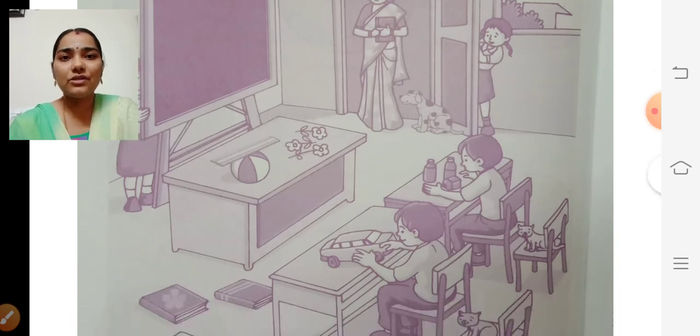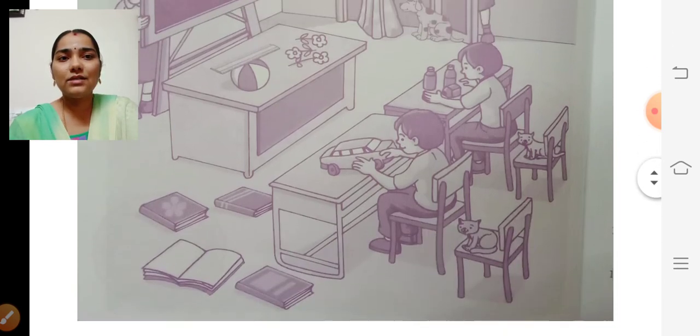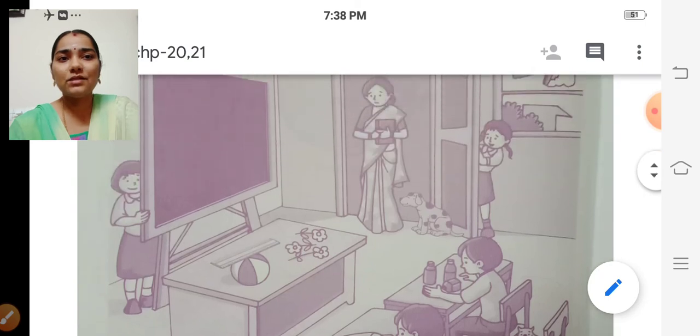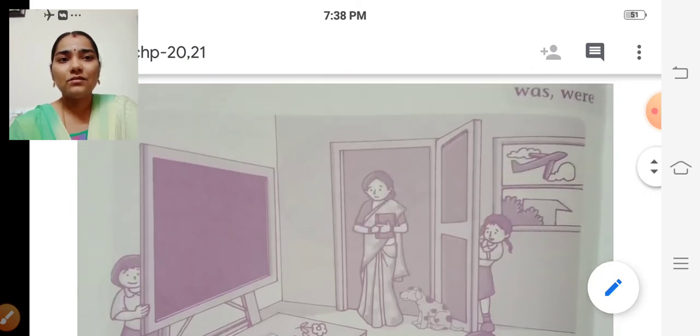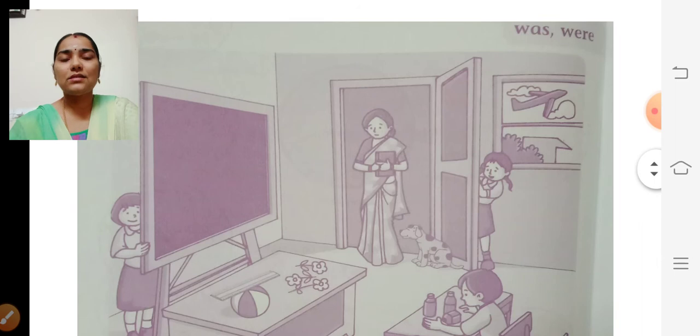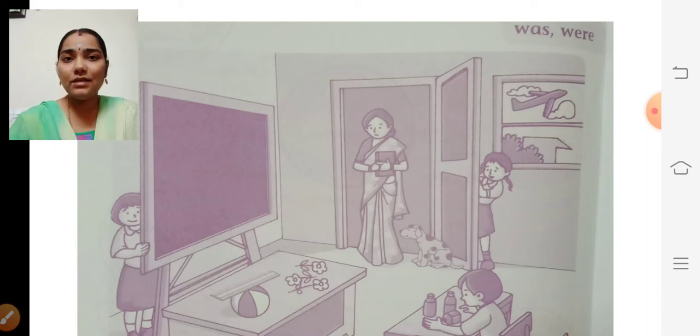See the picture. So it is a classroom, isn't it? These activities happened yesterday. Yesterday means it is past tense, isn't it?